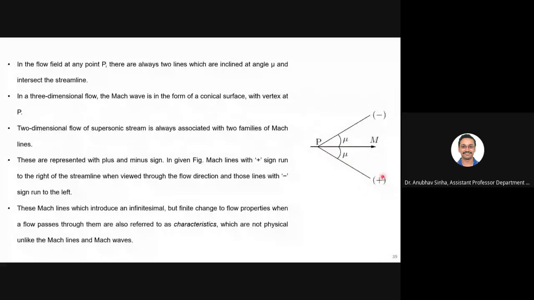If you are standing here, looking towards the flow direction, then the positive sign is on your right hand side, and the negative sign is on the left hand side. Now these Mach lines will introduce an infinitesimal but finite change. There will be some change in flow properties when flow passes through them. These lines are referred to as characteristics.